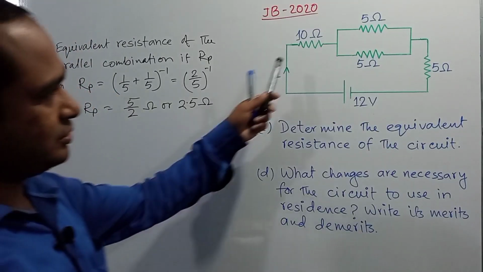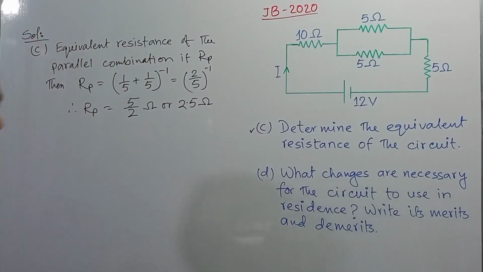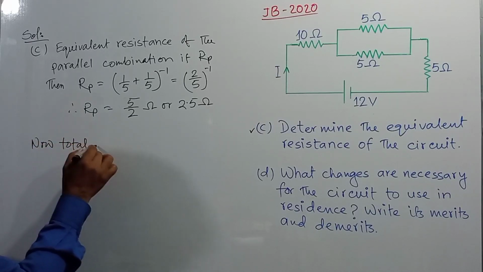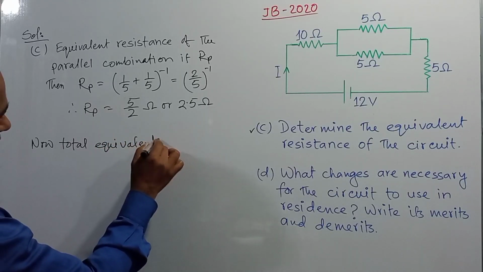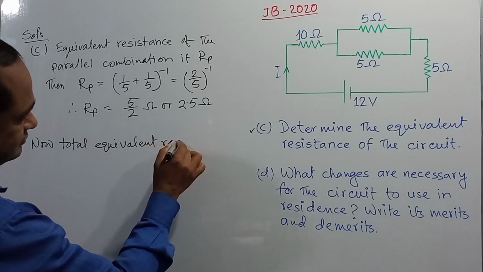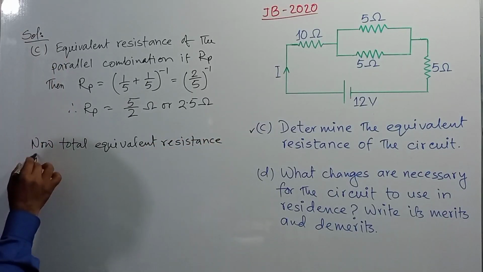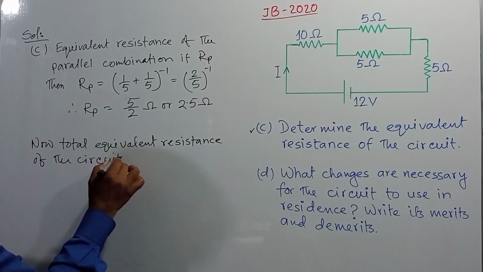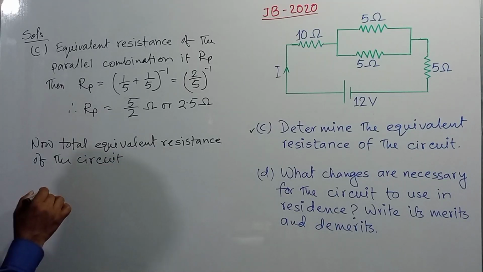Now, here 10 ohm and 5 ohm are connected in series with this parallel combination. So now we can write the total equivalent resistance of the circuit, denoted by RS.